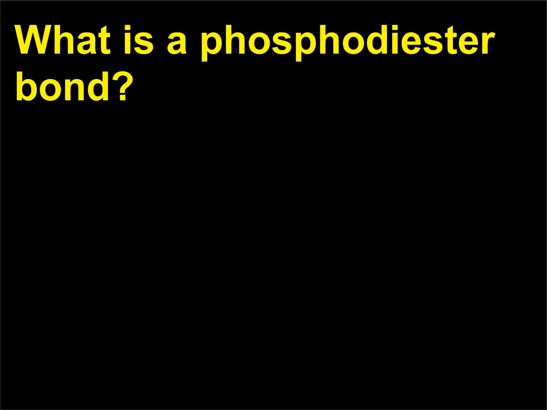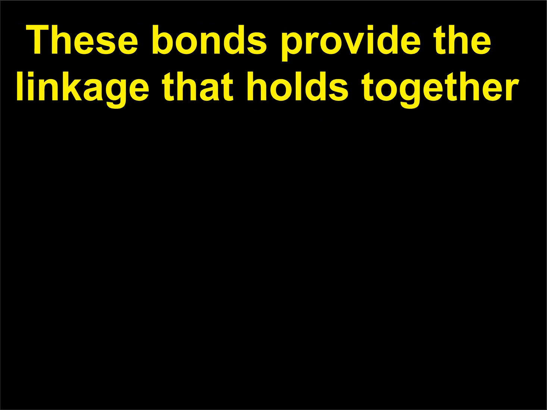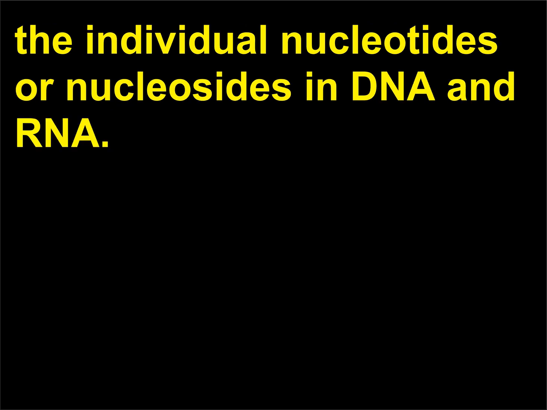What is a phosphodiester bond? Phosphodiester bonds are what make up the backbone of DNA and RNA molecules. These bonds provide the linkage that holds together the individual nucleotides or nucleosides in DNA and RNA.